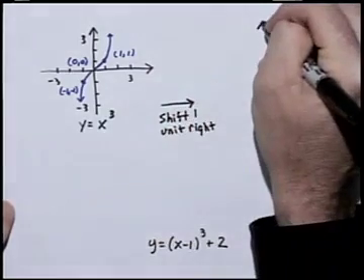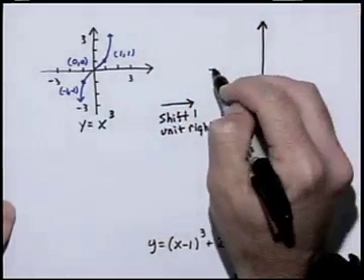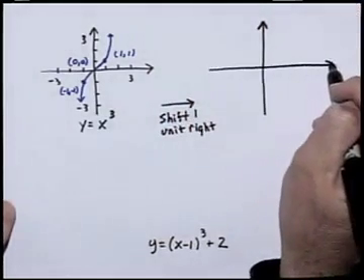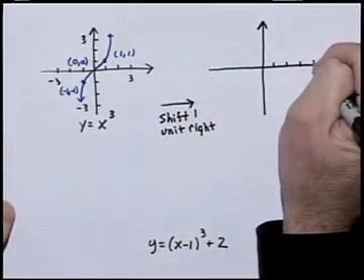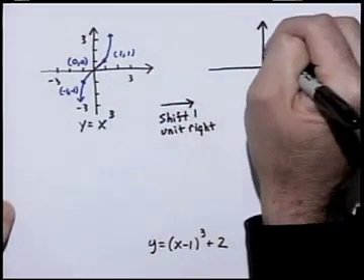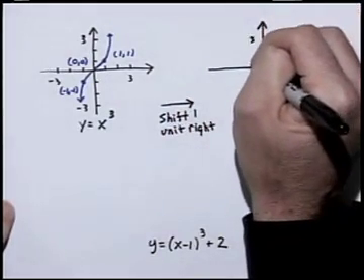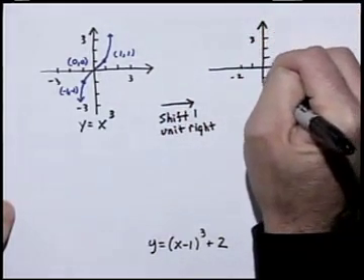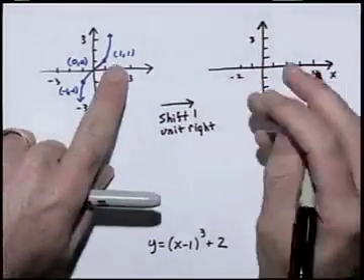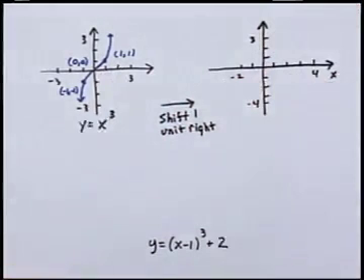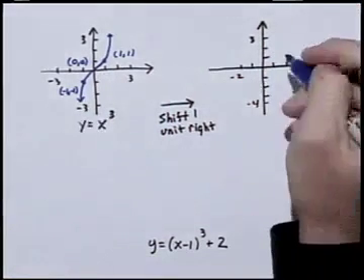And so our new graph is going to have all the x coordinates increased by 1. So after I'm done scaling here, we'll get the graph in. Instead of (1, 1) being on the graph, it's now going to be (2, 1).